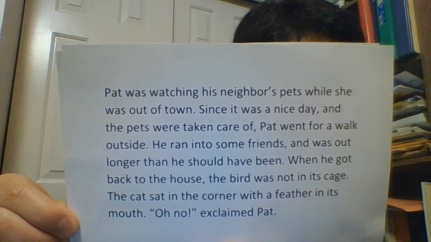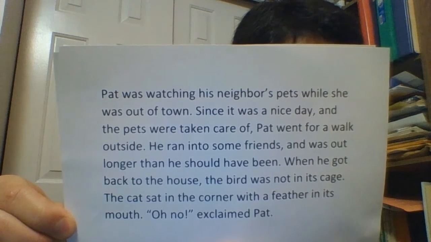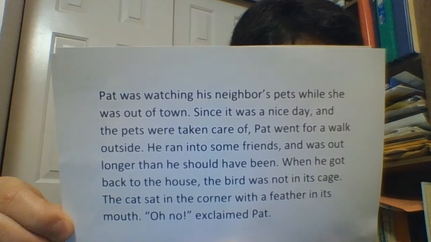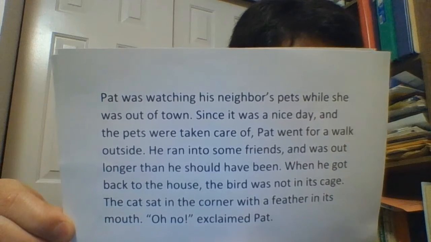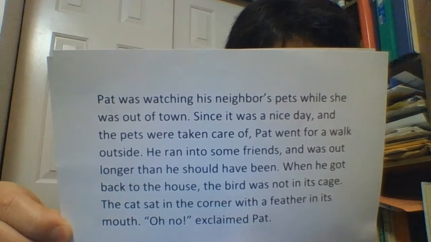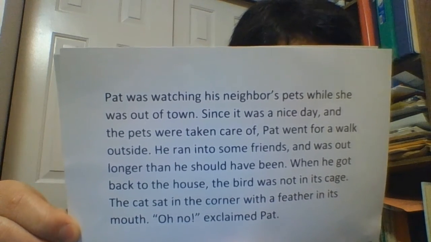He ran into some friends and was out longer than he should have been. When he got back to the house, the bird was not in its cage. The cat sat in the corner with a feather in its mouth. "Oh no!" exclaimed Pat. So now, to make an inference from this, we're going to ask the question, why was the bird not in its cage?